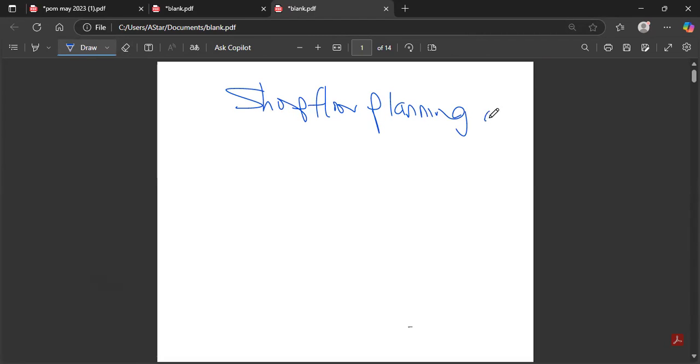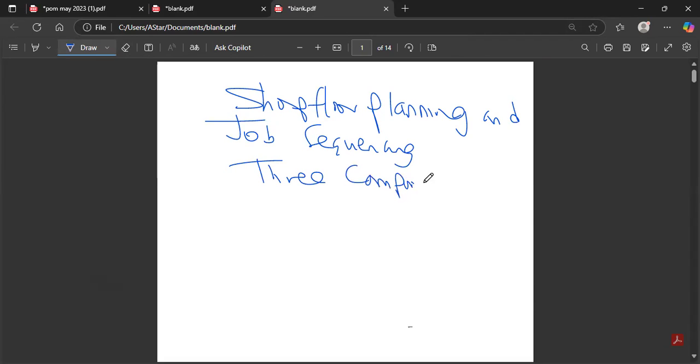Now, before anything else, let me tell you about this topic, shop floor planning and job sequencing. There are 3 components involved.